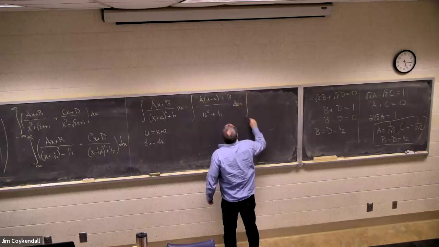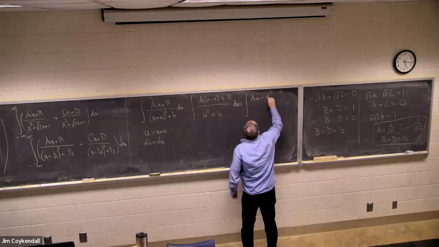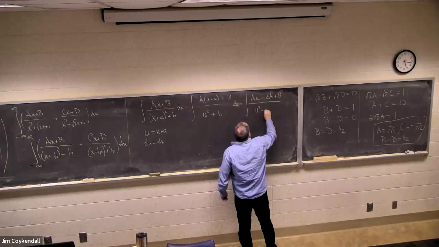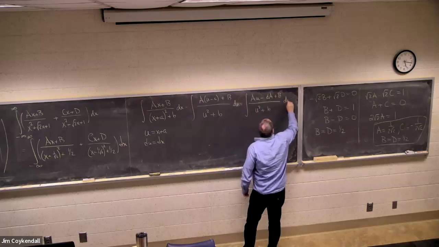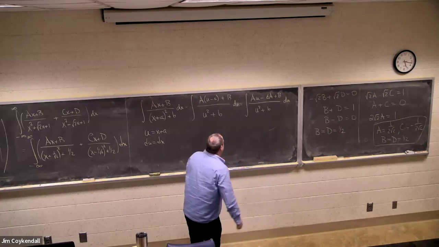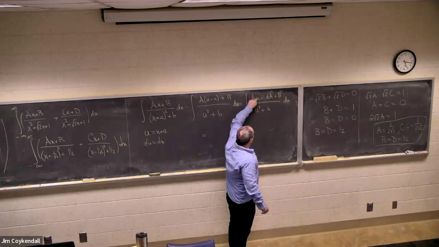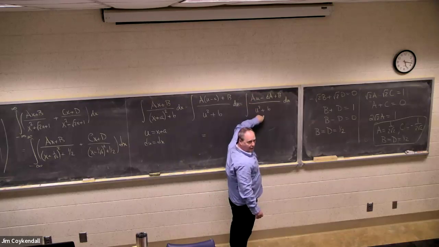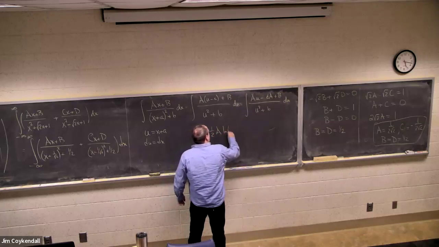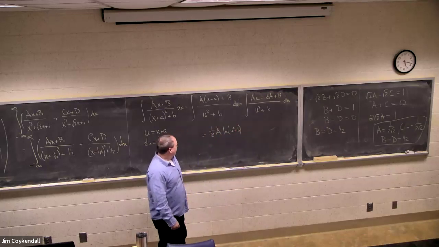So this is the integral of A u over u squared plus b, plus big B minus little a big A, over u squared plus b. Now I'm going to do this in my head a little bit, because this u over u squared plus b is a log, right? So it should be 1/2 A natural log of u squared plus b. Agree?